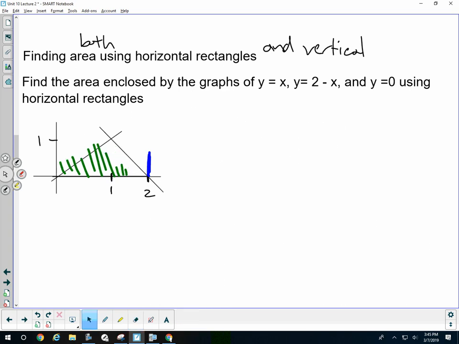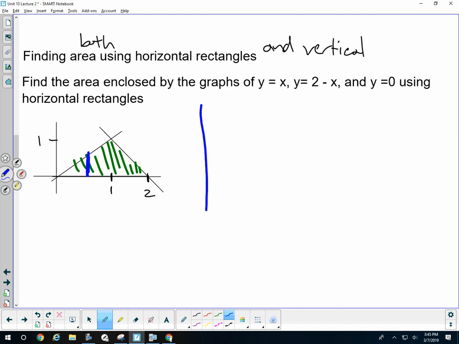What helps me do that is visualizing a vertical rectangle. Use your pencil, use something where you have some sort of line and think about, okay, I'm starting from here. I have the y equals x until there, and then I switch to the 2 minus x.